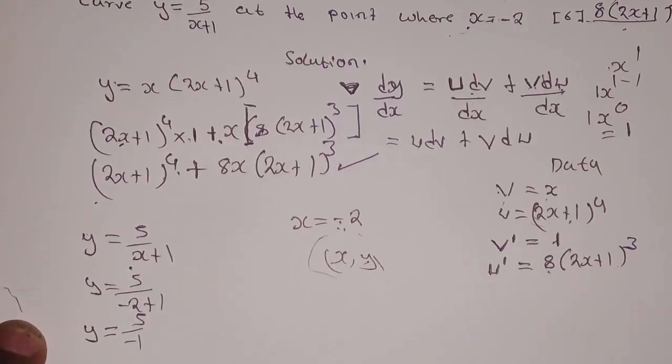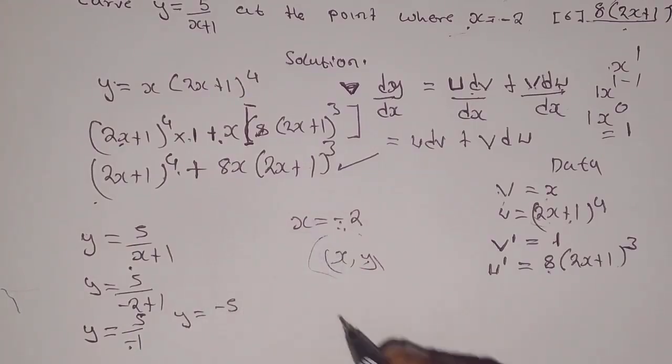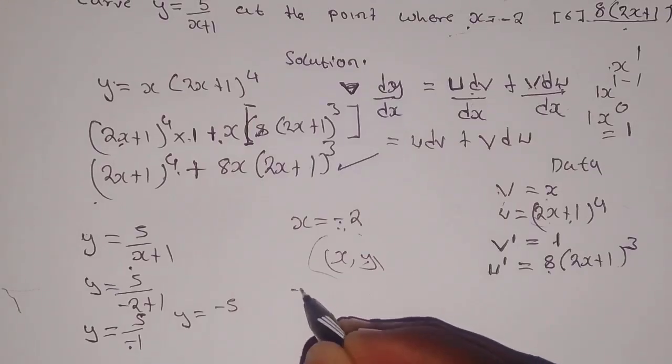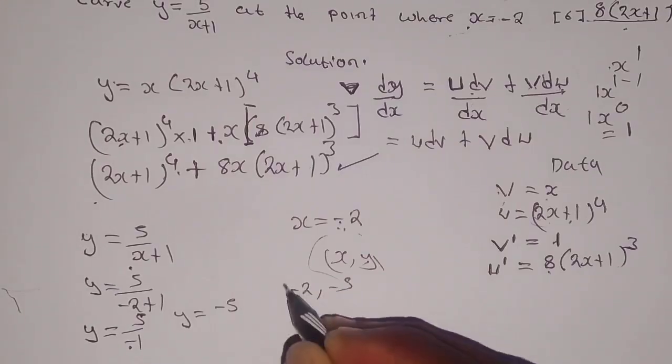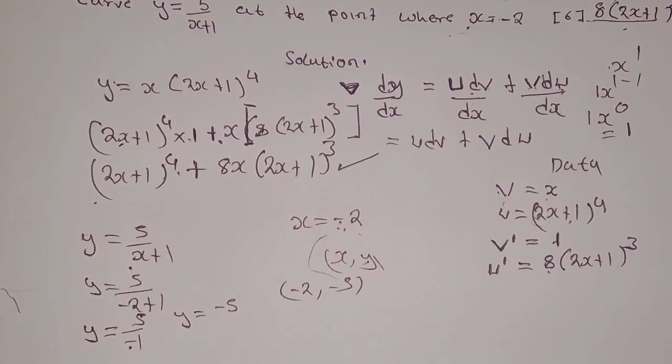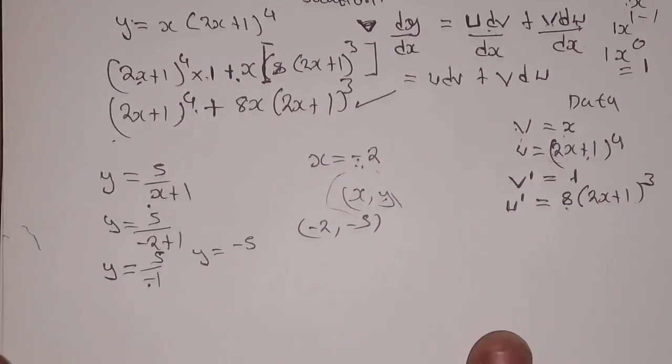So 5 divided by -1 will give us -5. So this is our coordinates: -2, -5. Having found our coordinates, you now find the gradient, because the gradient is needed for us to find the equation.